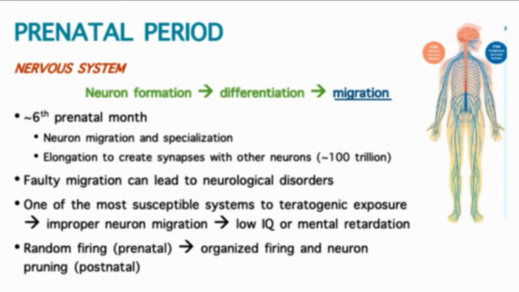And so we get specialization based on primary location and function. Okay, so example, the brain stem is going to have neurons that specialize to regulate heartbeat, breathing.